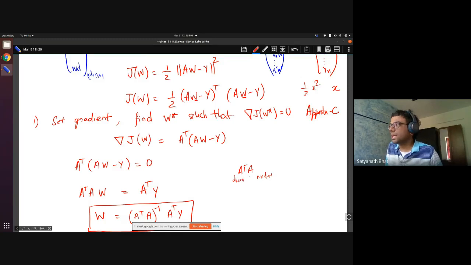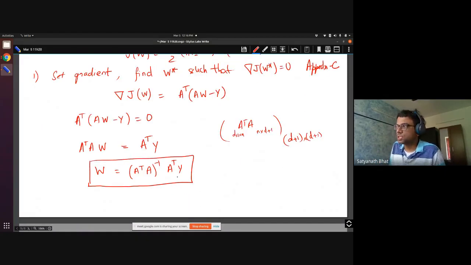So A transpose A has the dimension d plus 1 cross d plus 1. So it's a square matrix, you can take its inverse. And then A transpose Y will be a vector in d plus 1. If you are not convinced, we can do that. This is d plus 1 cross n, this is n cross 1.